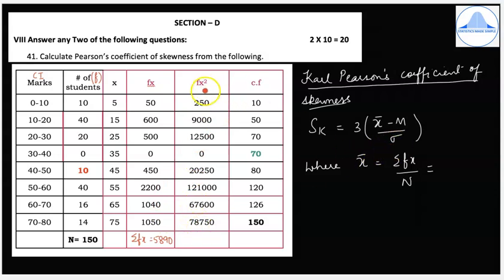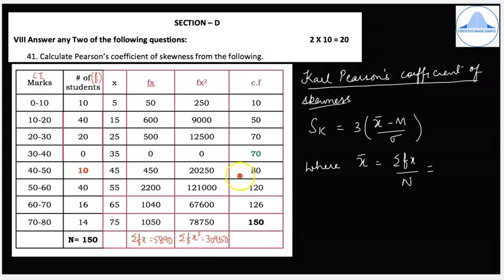So fx square is obtained by multiplying fx into the x column. So 50 into 5 is 250, 600 into 15 is 9000, and so on. In a similar way, find out the fx square values for all the class intervals, and so you will get summation fx square as 3,09,350.